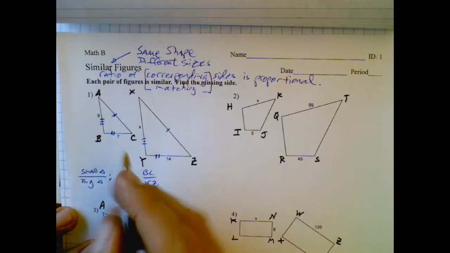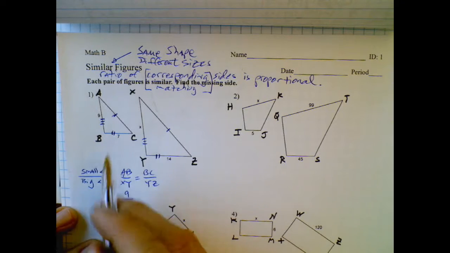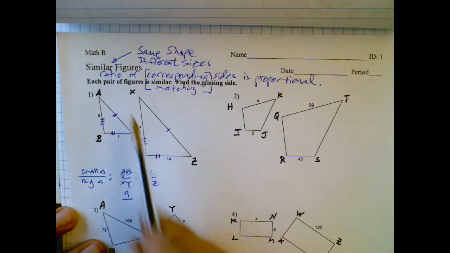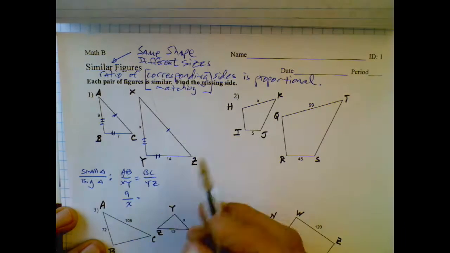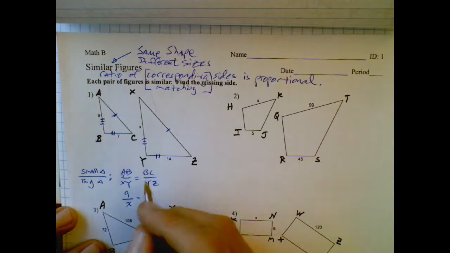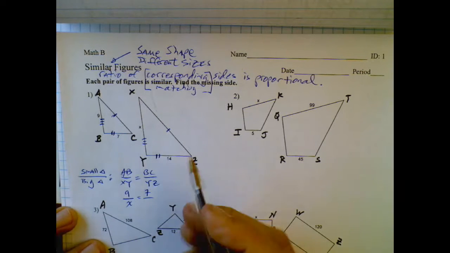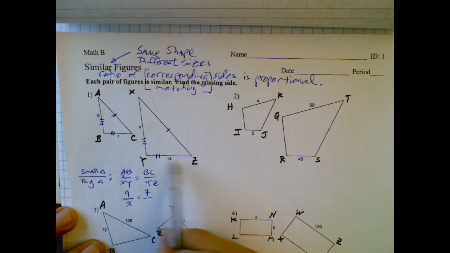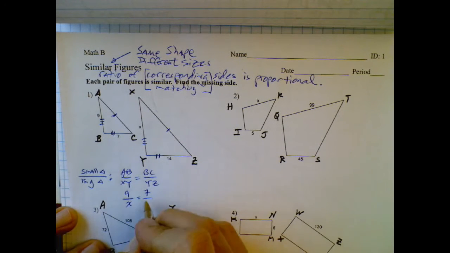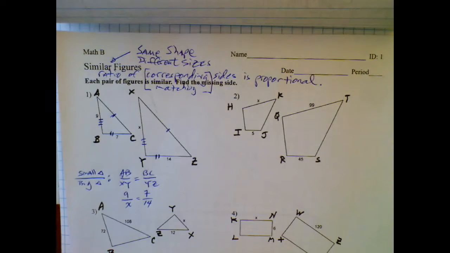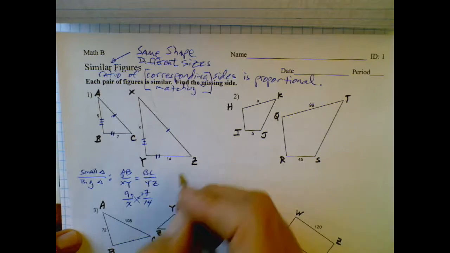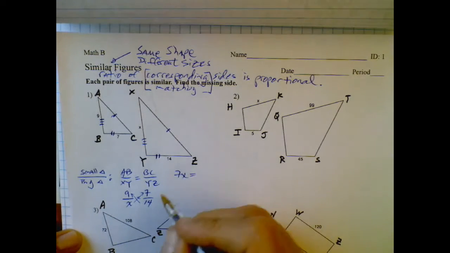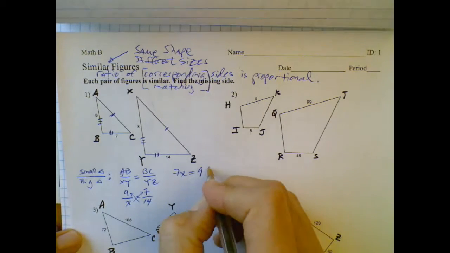So AB is 9. Now I'm just plugging in the numbers. AB is 9. XY is X. BC is 7. And YZ, down here, is 14. So now if I cross multiply, 7x is equal to 9 times 14.